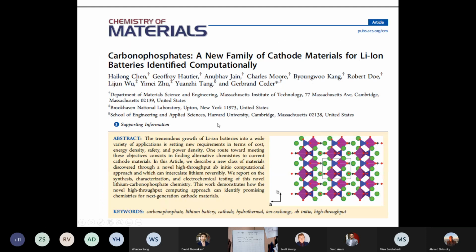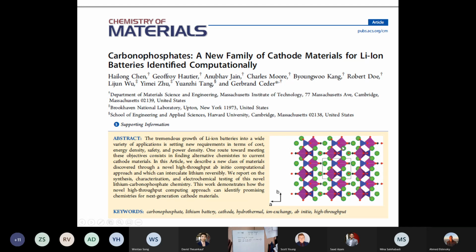This is a very nice paper from the Gerd Ceder group about a new set of materials, carbonophosphates. So in the Materials Project, the Ceder group identified this material. They said, okay, we should be able to make this thing.